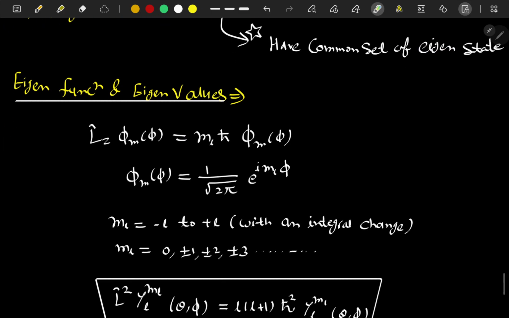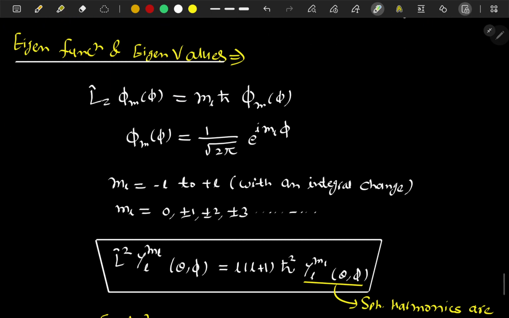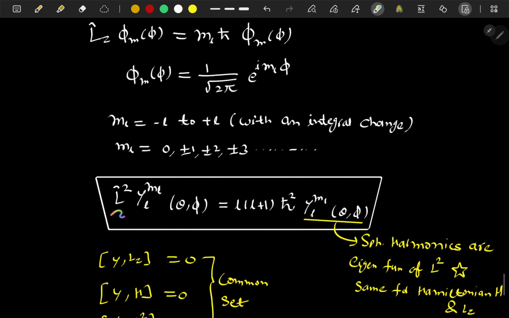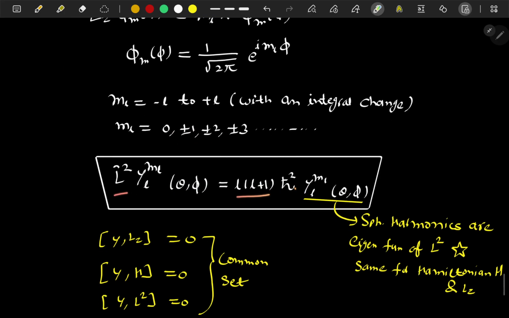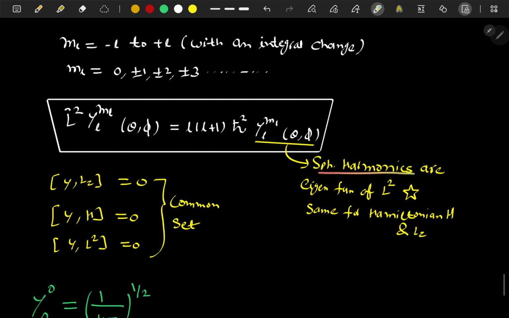Now eigenfunctions and eigenvalues. Lz equals ml h cross, and phi, defined as the azimuth angle, is 1 upon root 2 pi e to the i ml phi, where ml goes from minus L to plus L. L square will be L into L plus 1 h cross square.